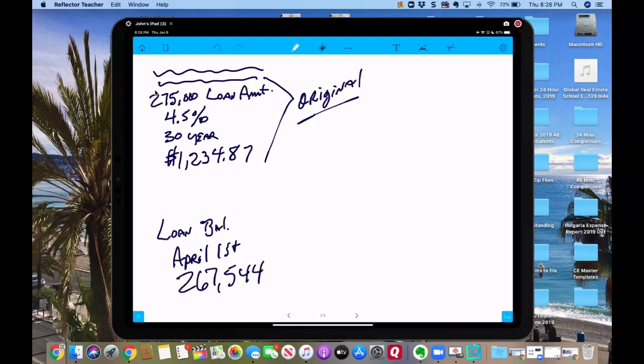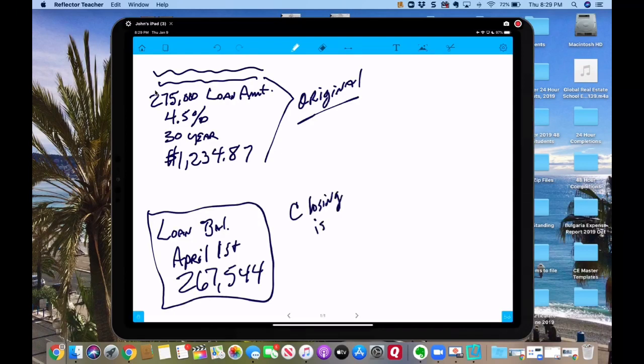And so closing, they're going to give you this information in the problem too. They're going to say closing is May 23rd.